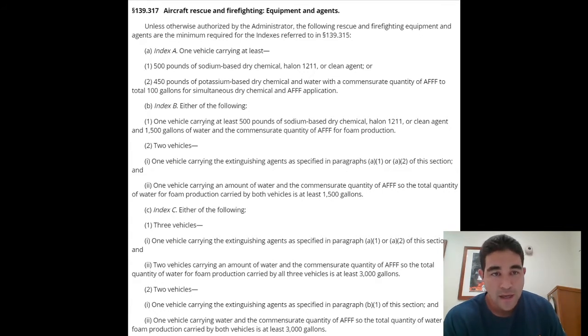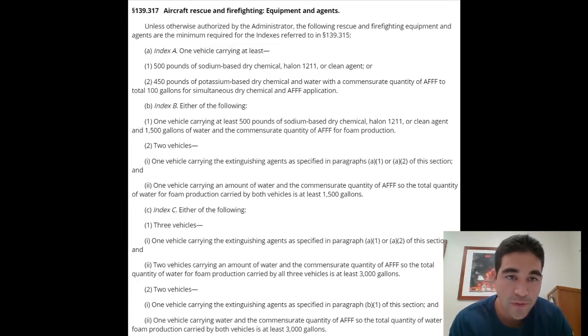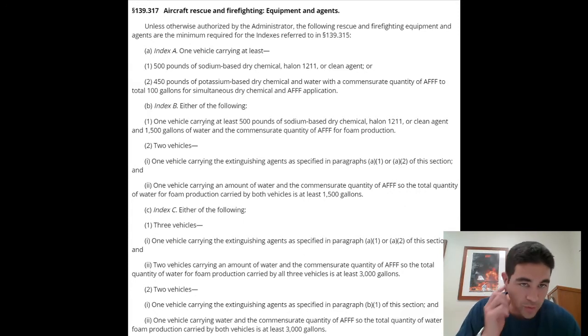So index A, you just need 500 pound sodium based or 450-pound potassium based, and you need water with enough to supply 100 gallons of foam. And that's pretty much it for index A. And that's shorter than 89 feet as we went over previously.